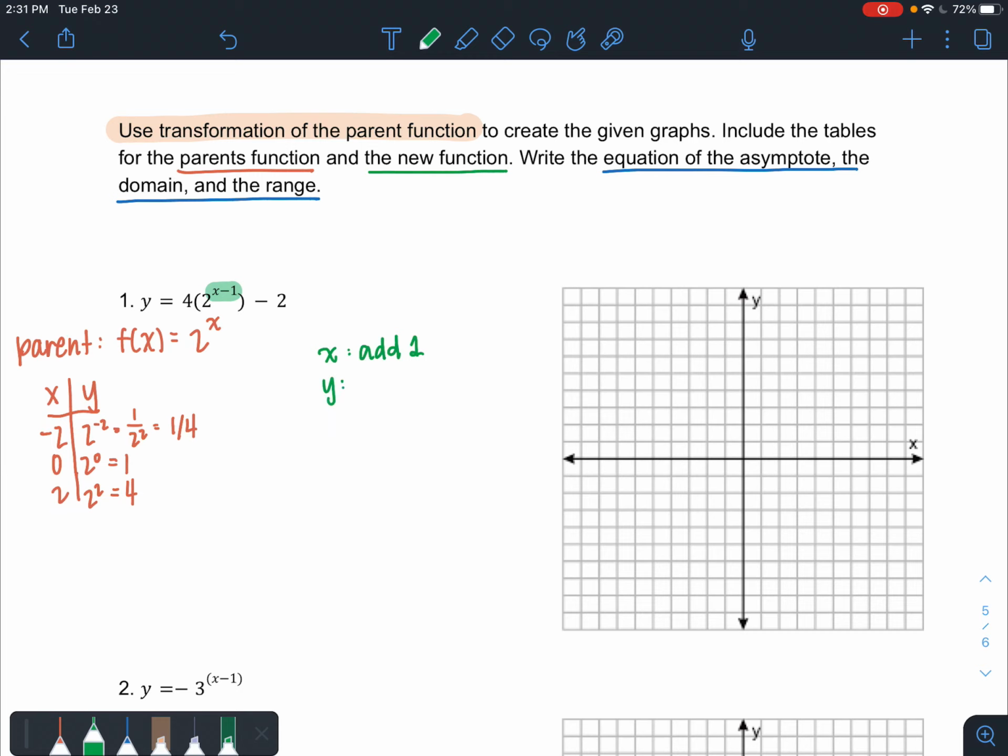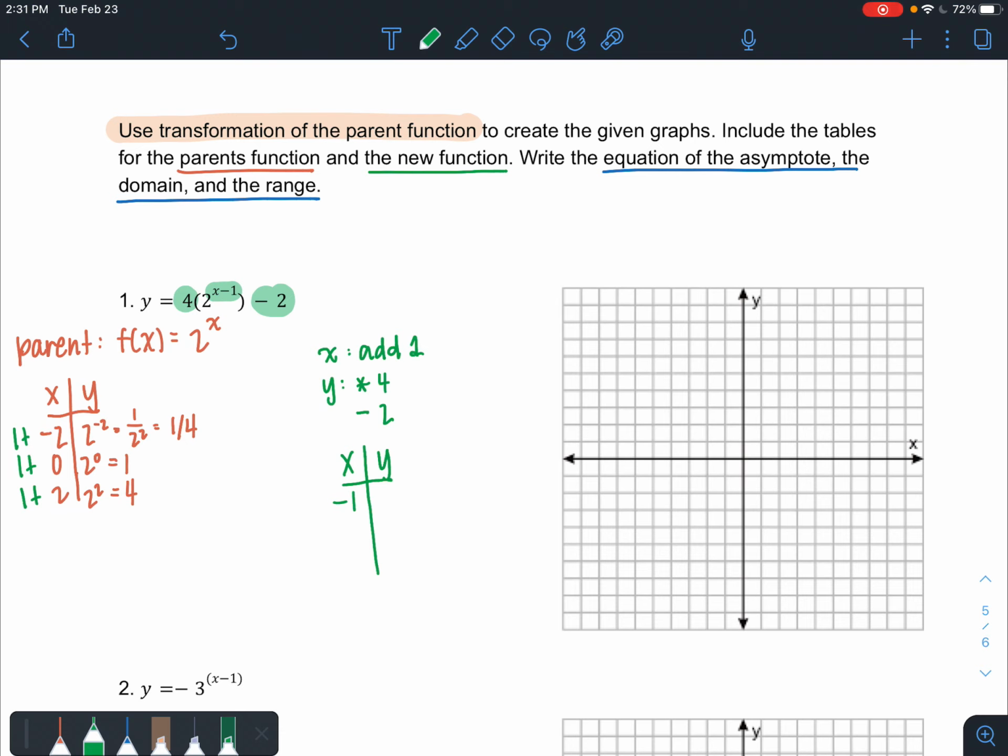Then our y values, we've got 4 and -2, so we want to multiply by 4 and subtract 2 in that order.